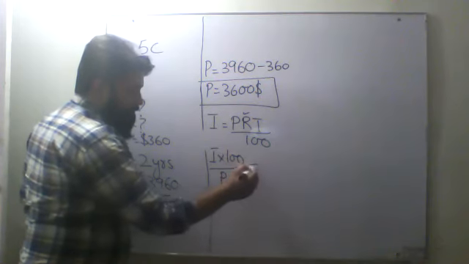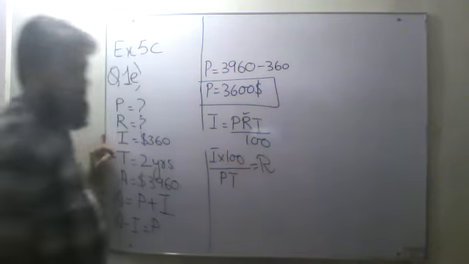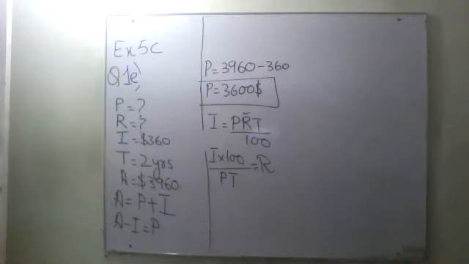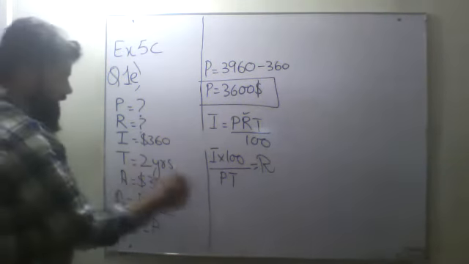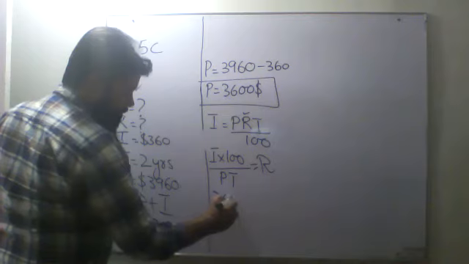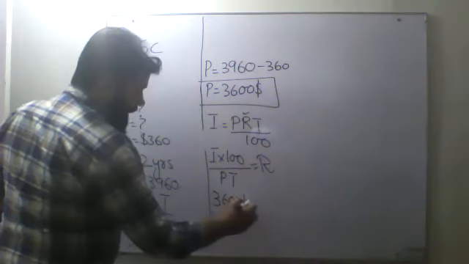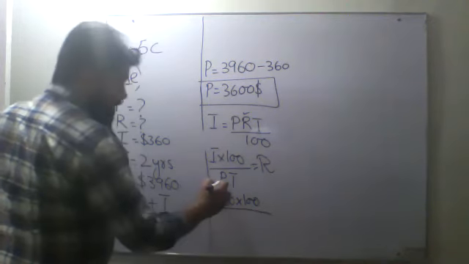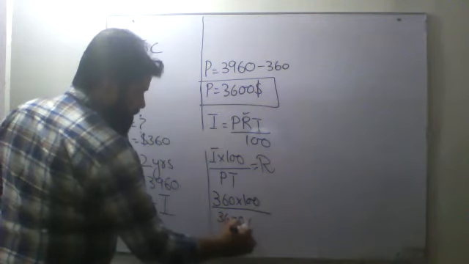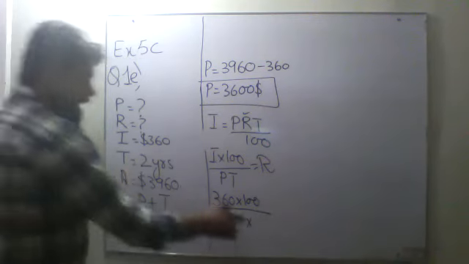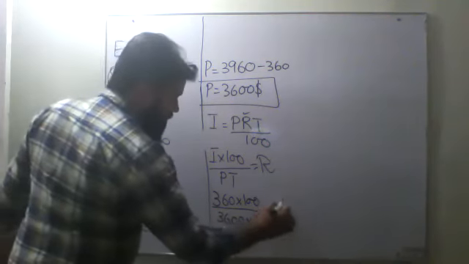Simplifying it, this will be equals to R. So I was given to me as 360 multiplied by 100, P is given to me 3600 into time 2 years.